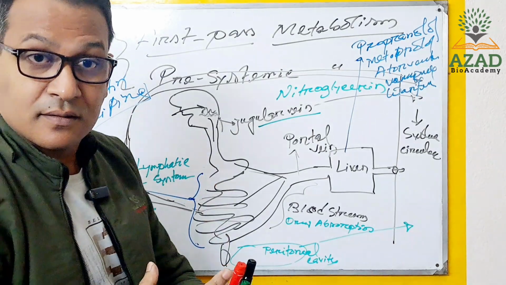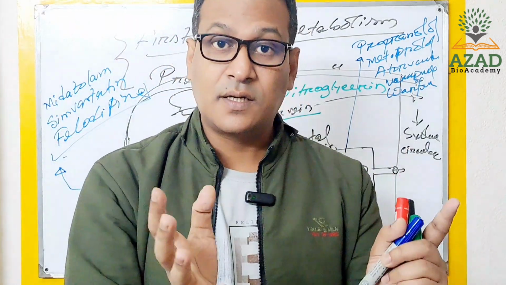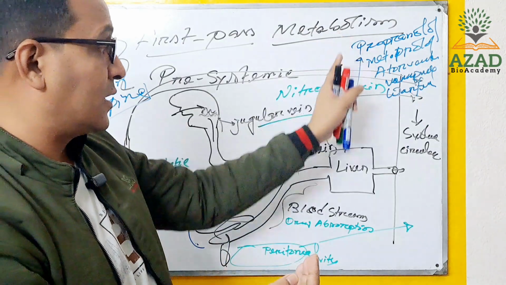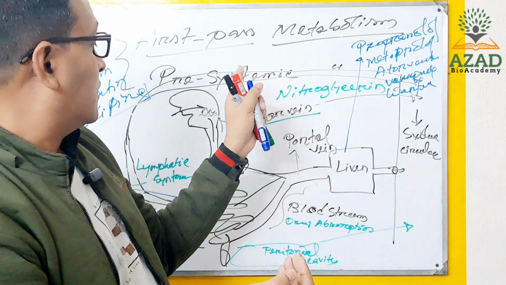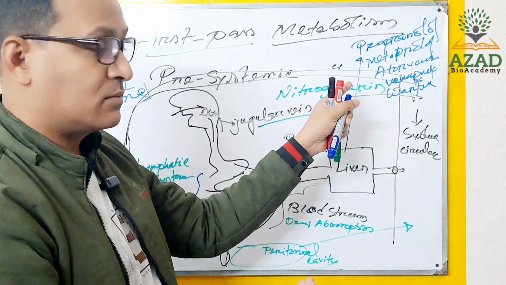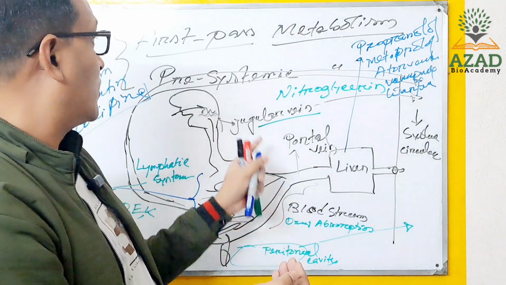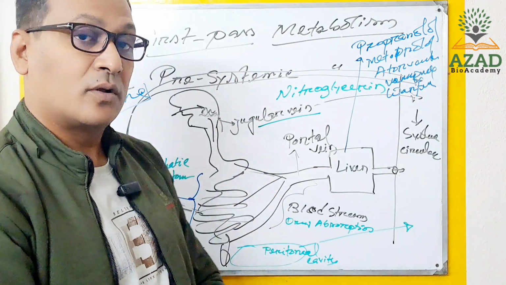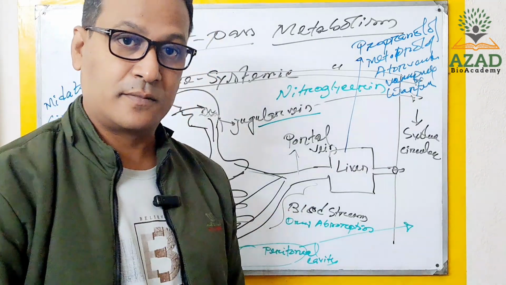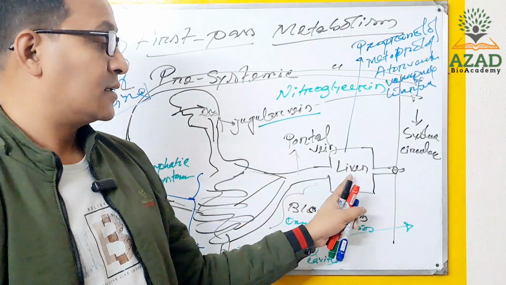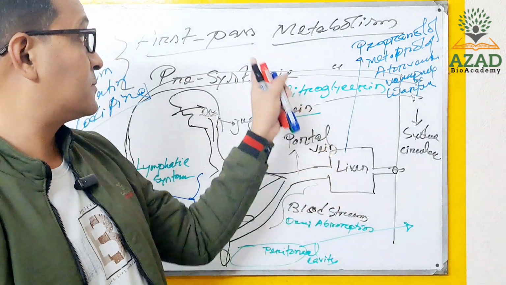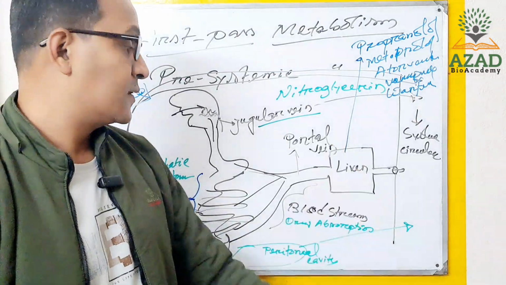Both are the same thing, but if you try to differentiate, then first pass metabolism means when the drug metabolizes in the liver, and when the drug metabolizes in the intestine, you can consider it pre-systemic metabolism. Both are pre-systemic metabolism. When the drug metabolizes in the intestine, you can also consider it first pass metabolism, because in the first encounter the drug degrades, but as the liver is the major checkpoint, first pass metabolism means you can consider liver metabolism.